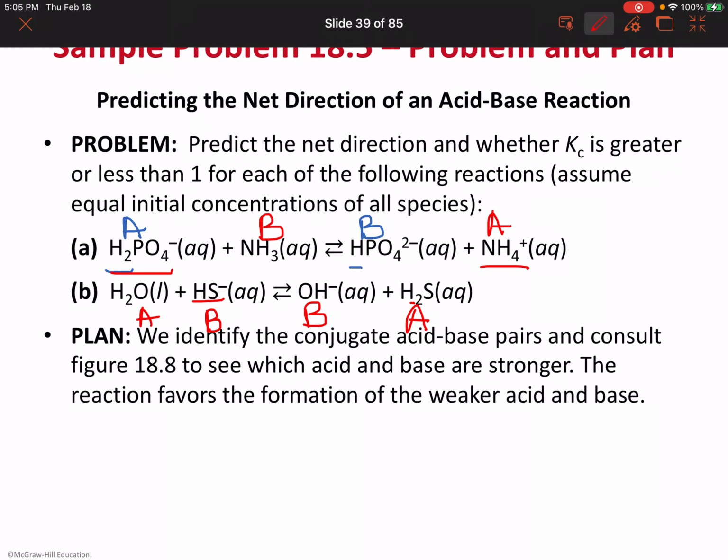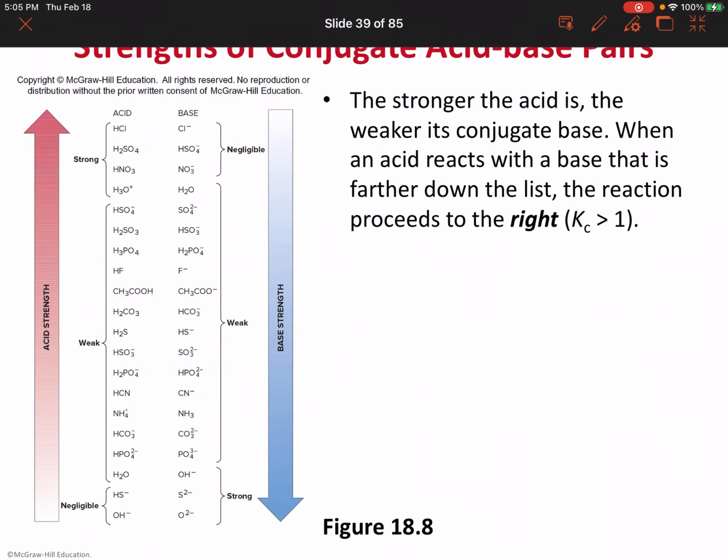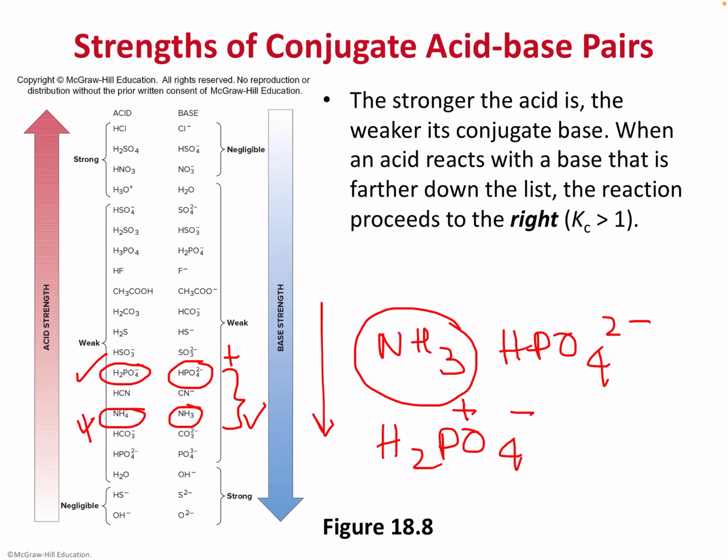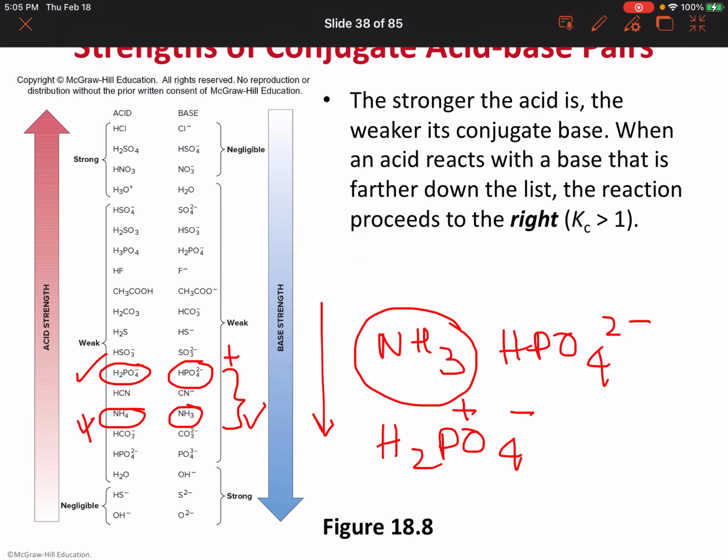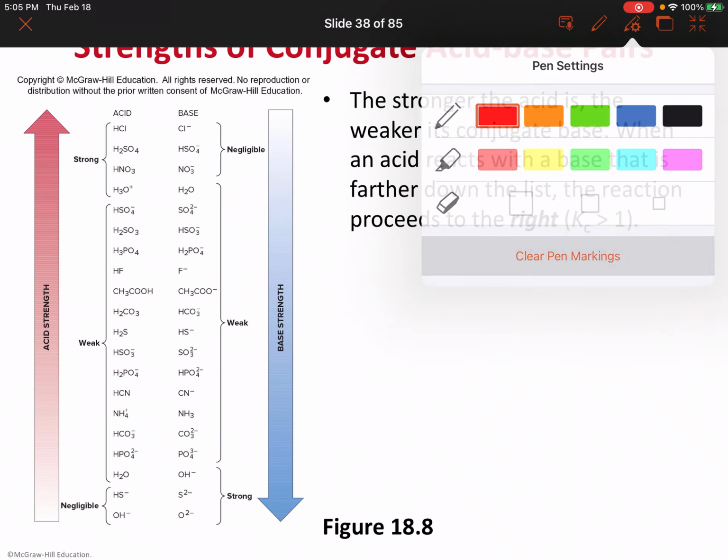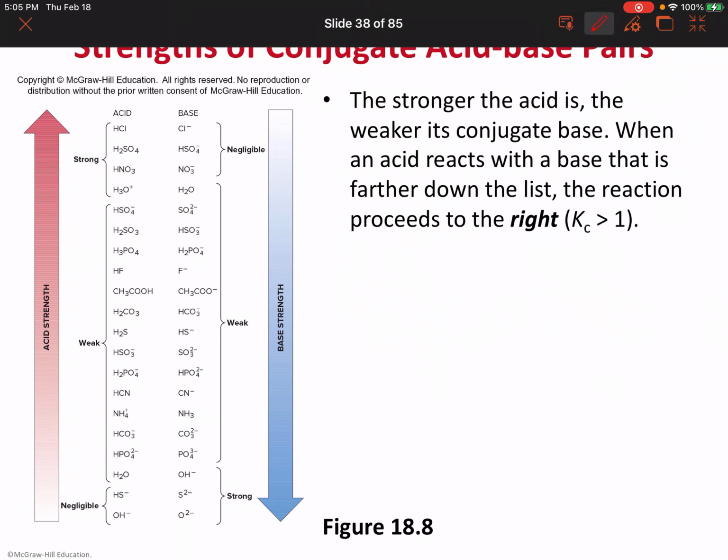Then you're going to look at the two acids. Which one is a strong acid? Our two acids are water and H2S. Let's go back to our table and see which one is the strong acid.